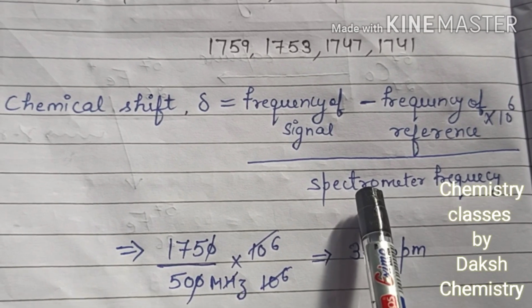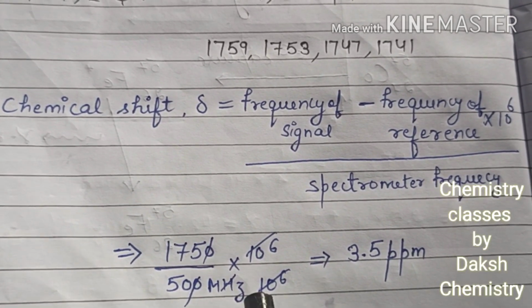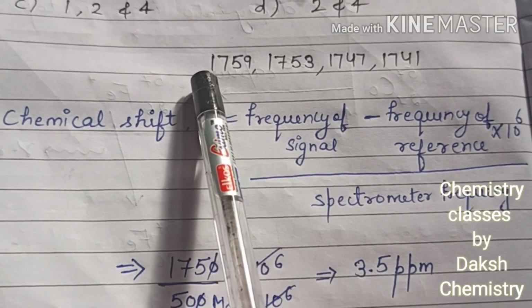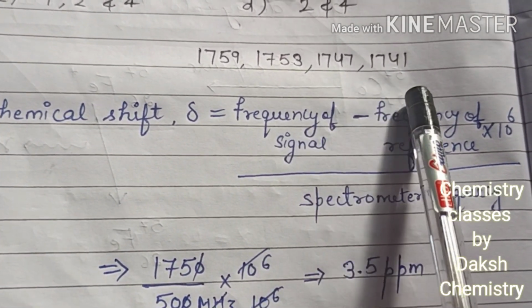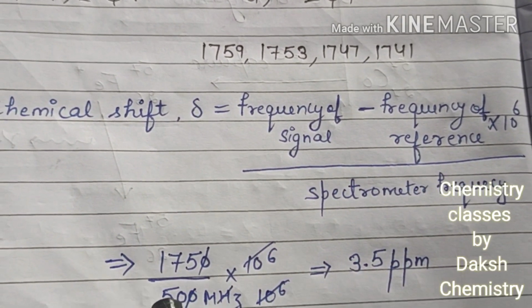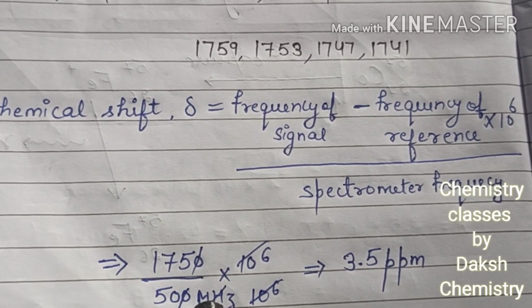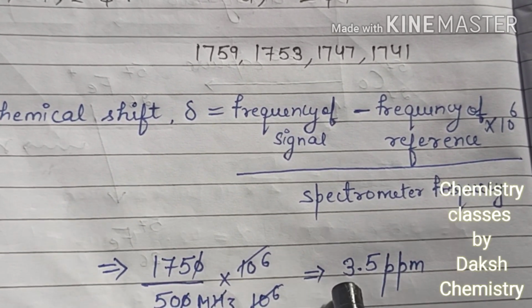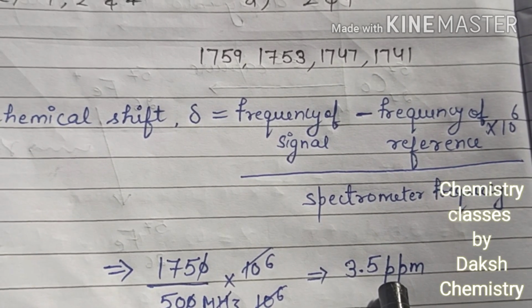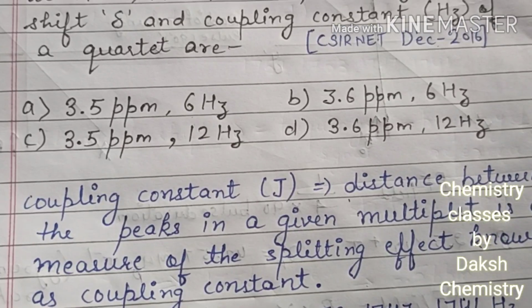We are given a spectrometer frequency of 500 MHz, and we will calculate the average value of these four multiplet peaks for this value. So 1750 divided by 500 MHz, we get 3.5 ppm delta value. So the correct option is option A.